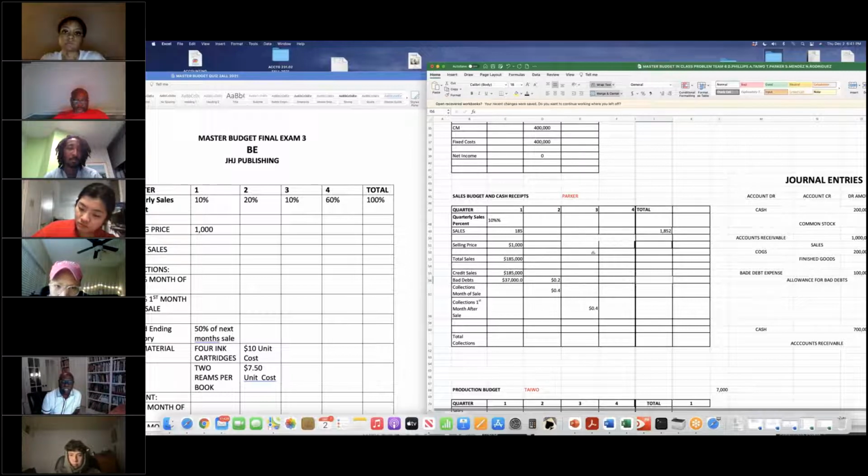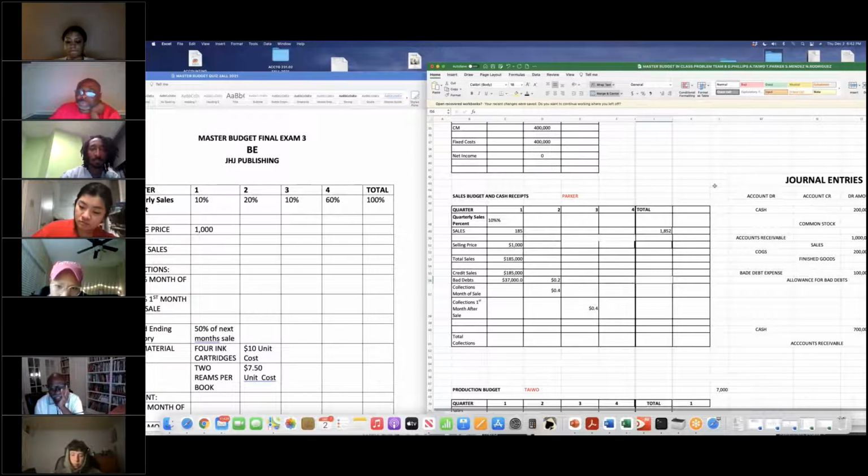Suppose you're selling things for $1 each. Suppose this was $1. And so your total sales were $185. How much money would you want to collect at $185? If you were selling your product for $1 each, so your sales are 185, how much would you want to collect?